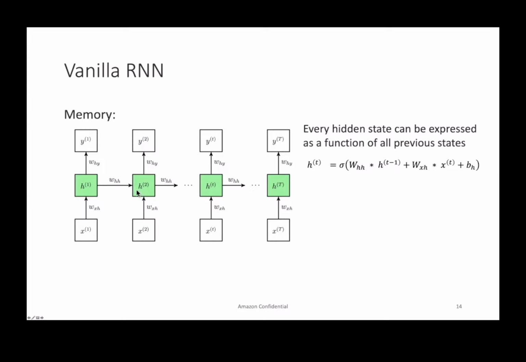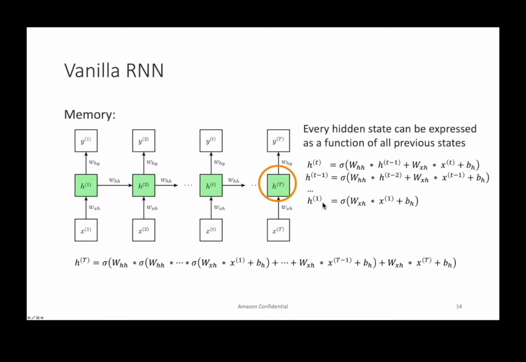For example, here this guy will be multiplied with a weight matrix, and then the input is also multiplied with the input's weight matrix Wx, and that is added and then passed to the sigmoid layer. So basically input multiplied with a weight matrix, previous hidden multiplied with a weight matrix, passed to a nonlinearity, and that gives the output, right?